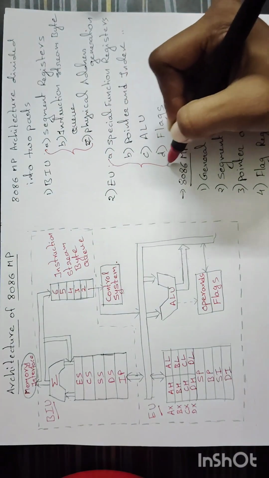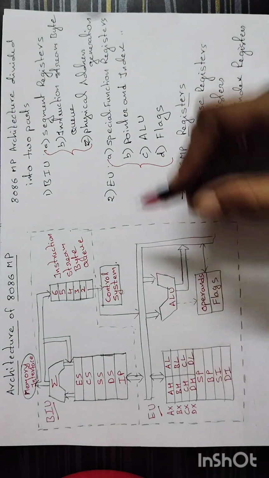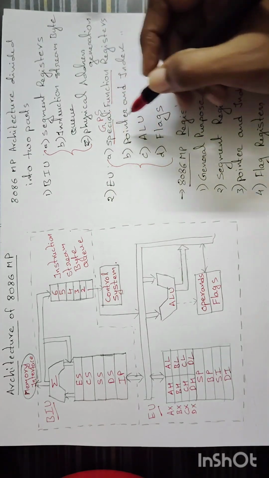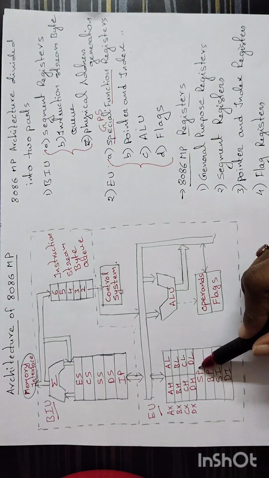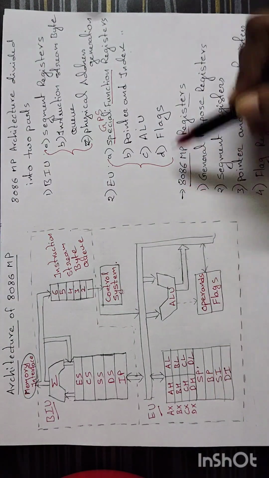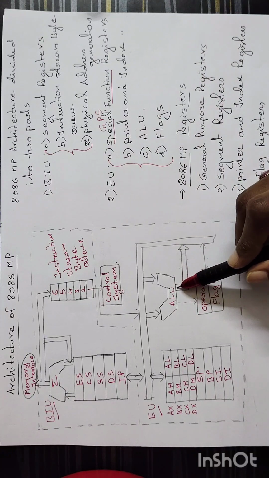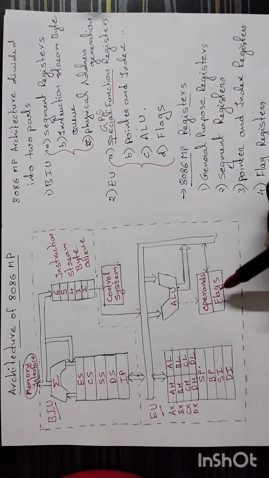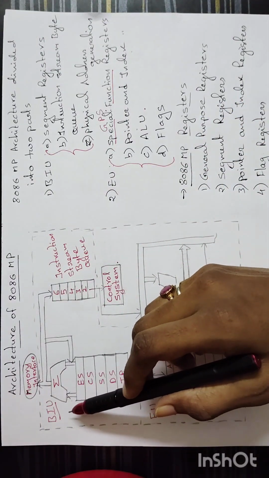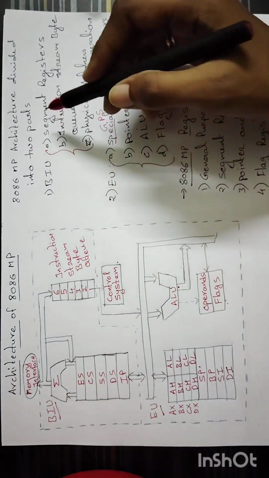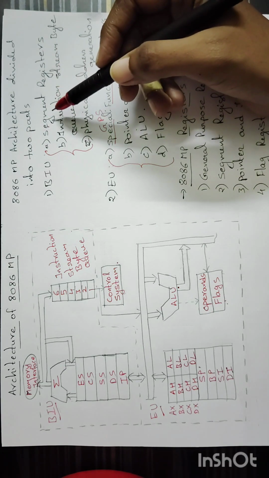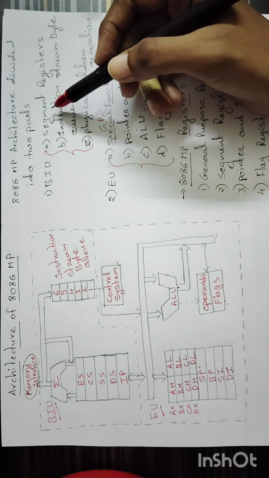Whereas the execution unit consists of the general purpose registers, the pointer and index registers, the arithmetic and logical unit, and the different flags. First we have to see the bus interface unit, and the first part is the segment registers.